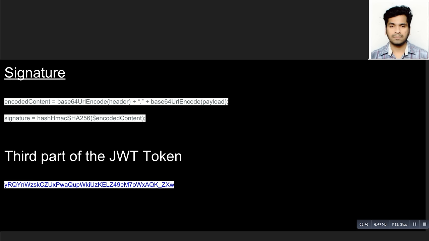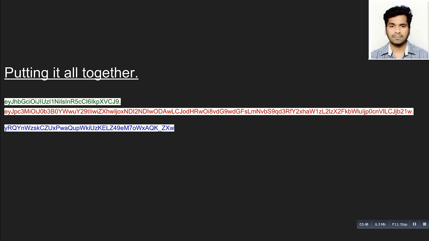Putting it all together, the first part of the token is constructed from the header, the second part is primarily from the payload, and the third part I explained on the previous slide. If you didn't understand, please go and have a look again.